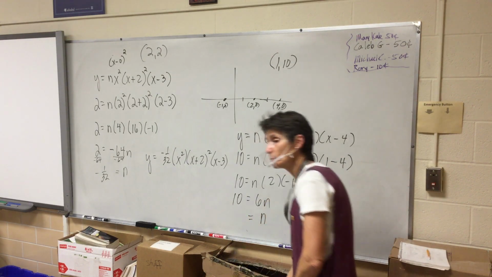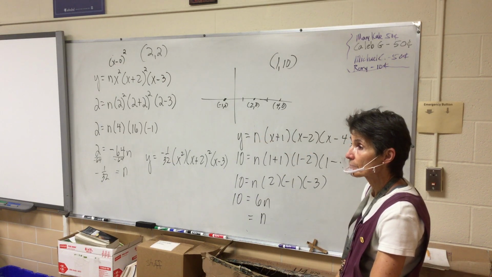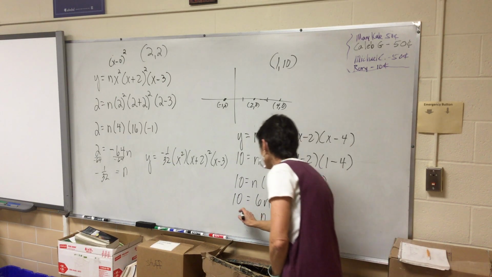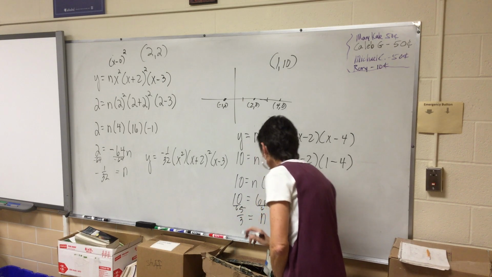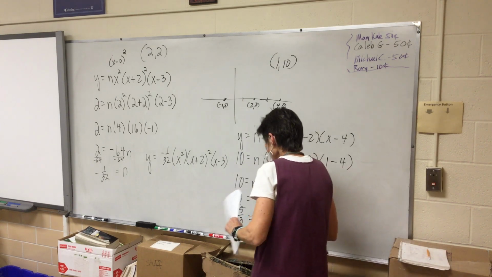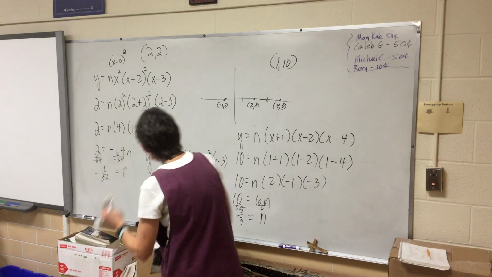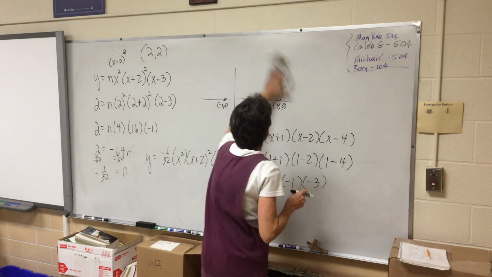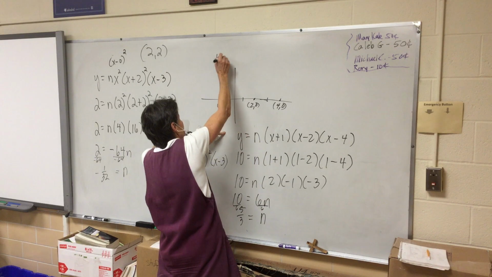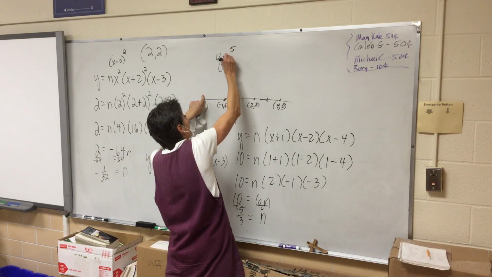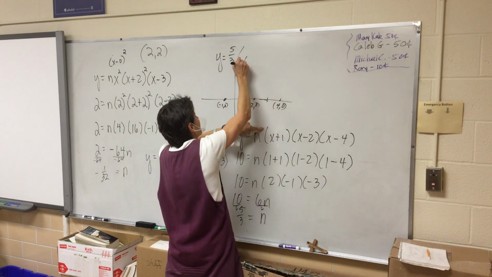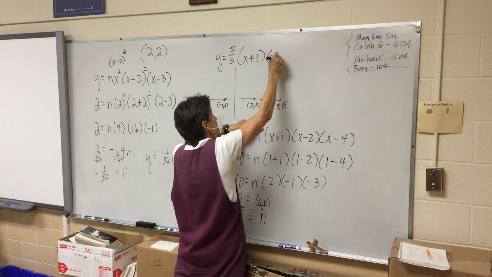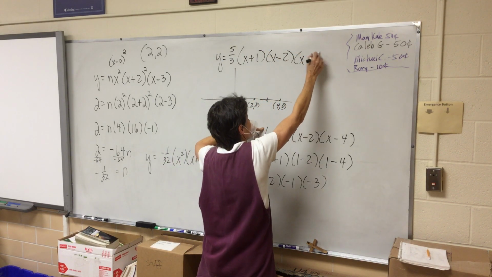So what does n equal? 5/3. 10 over 6, or 5/3. Don't forget to write the answer, which is y equals 5/3, x plus 1, x minus 2, x minus 4.